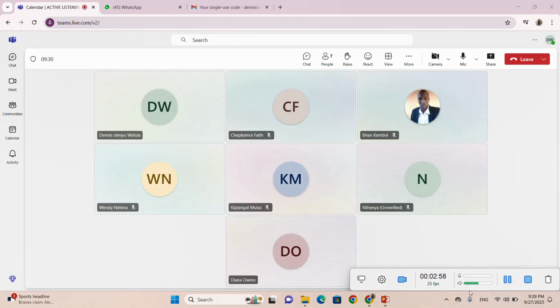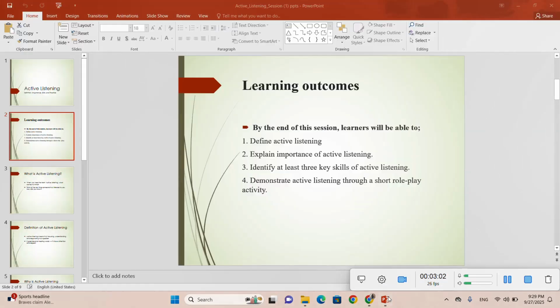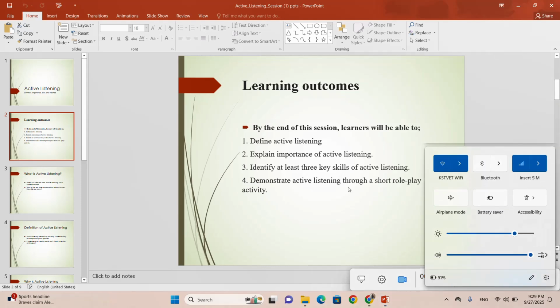Good. Now let's start with this day's session. Our learning outcomes of this session are as follows.